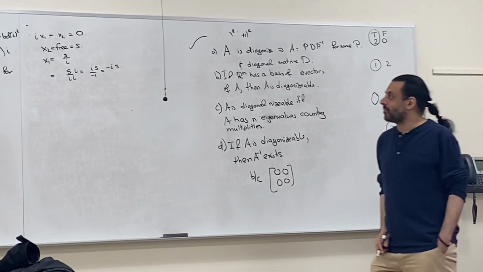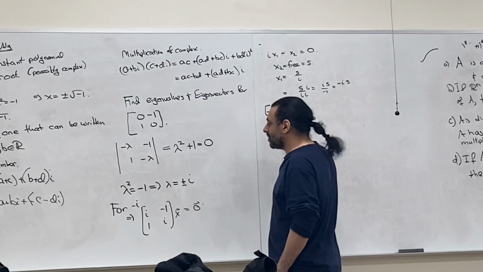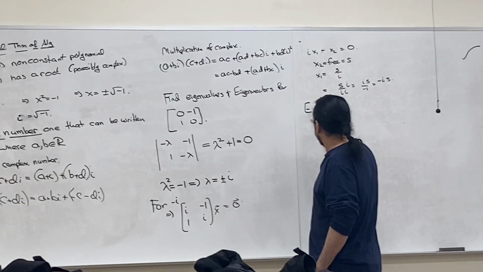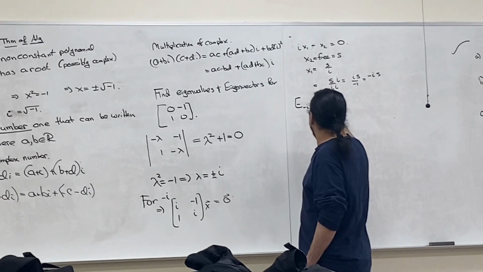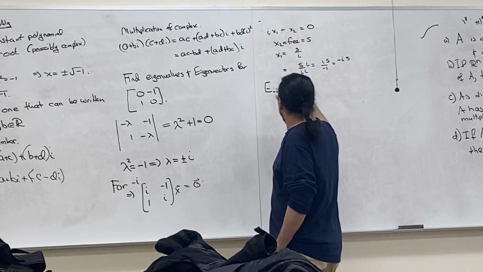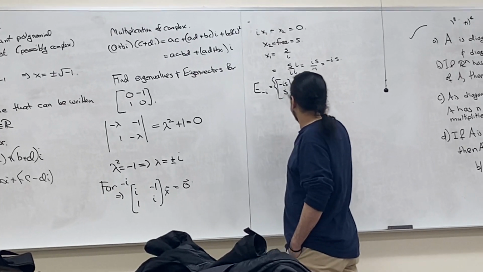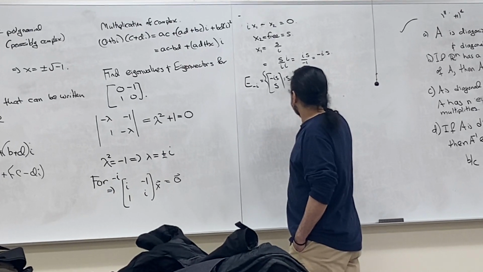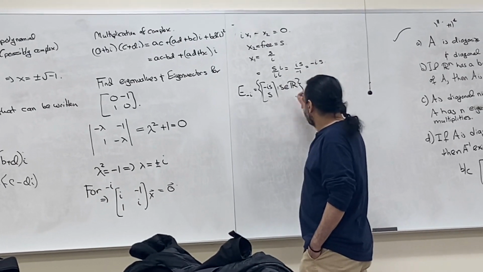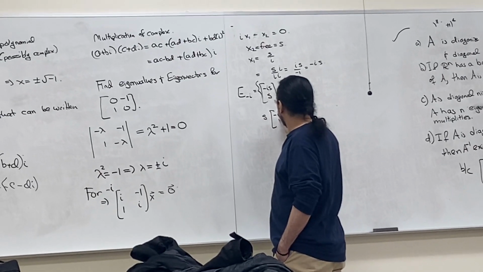So what does my eigenspace look like? What was the eigenvalue? Minus i. The eigenspace is equal to the set of (s, minus is), where s is free. So that's equal to, I can take out an s, s times (1, minus i).